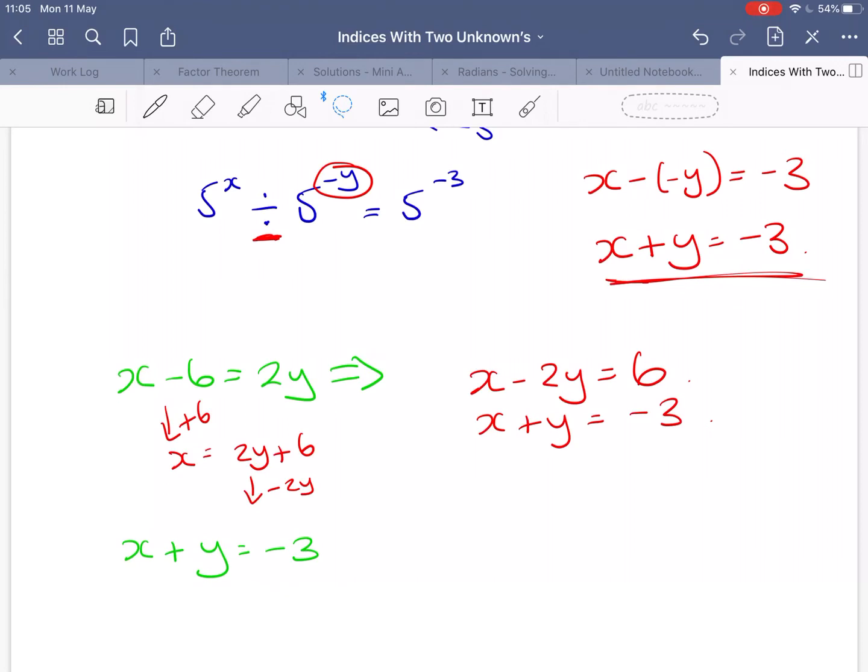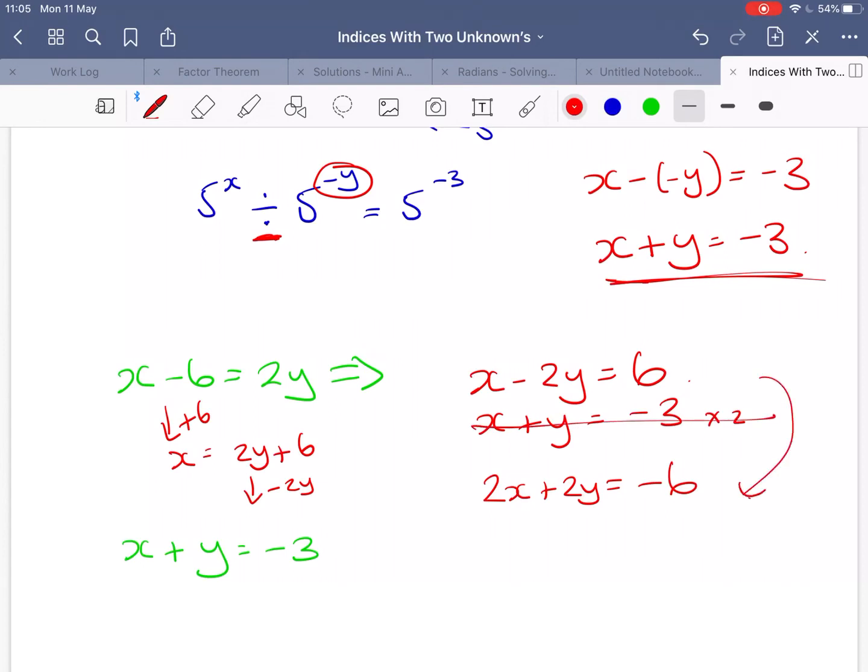So what am I going to do with this one? I'm actually going to multiply that one by 2. So I'd have 2x plus 2y equals minus 6. And I'm going to take these two equations and I'm going to add them together and get 3x equals 0. So guess what? My x must be 0.